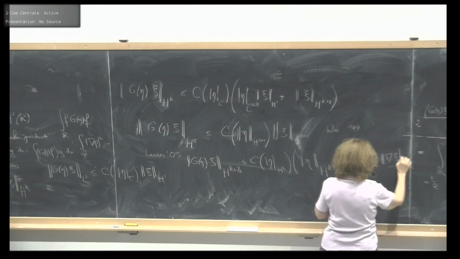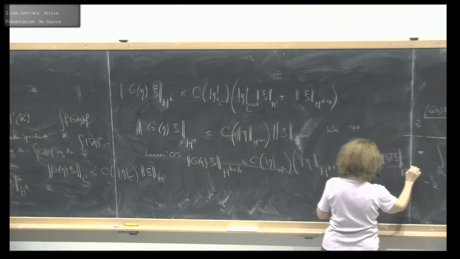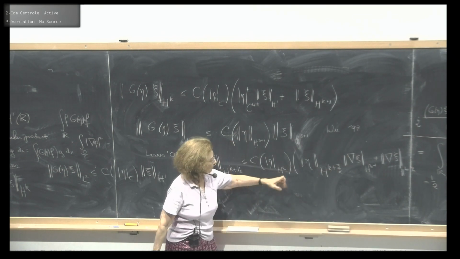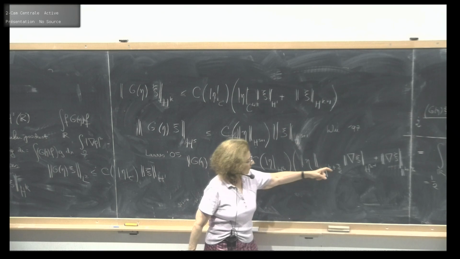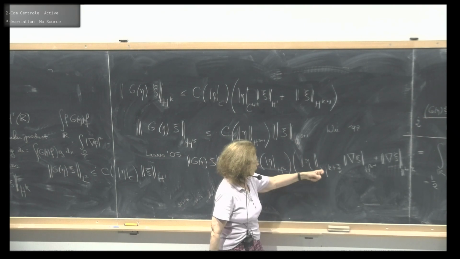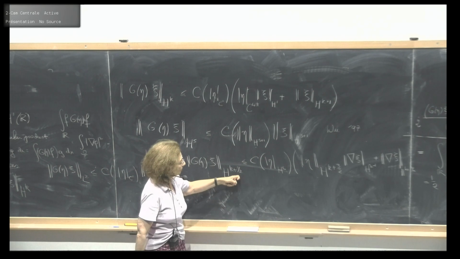So if you like to compare, here s0 is fixed, and you see you have two terms. The first term involves k plus 3/2, it's the same order.